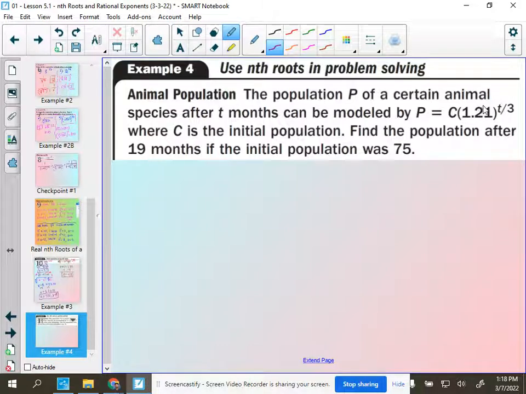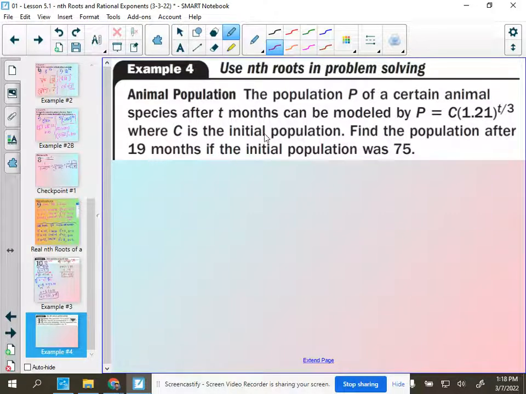So this is not a formula that I would expect anyone to memorize, it's just kind of an instance where we might see a rational exponent. As we read it here, the population of a certain animal species after T months can be modeled by P equals C times 1.21 to the T over 3 power, or the T thirds power.